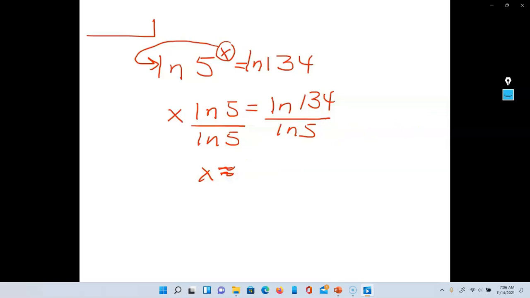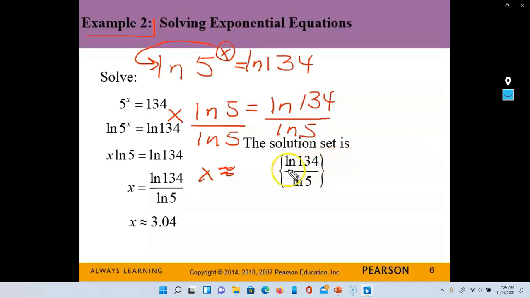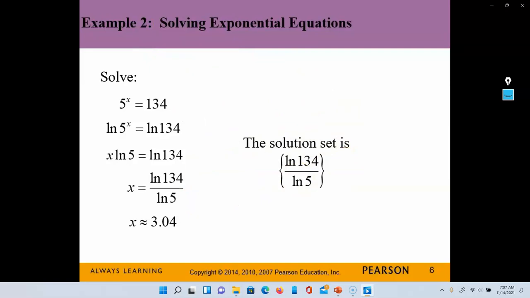And to save time, just look at what they've done here, and they get x is approximately 3.04. Now you want to be sure you try your instrument out that you're getting this answer. I just did, and it checks out. All right, let's go on.